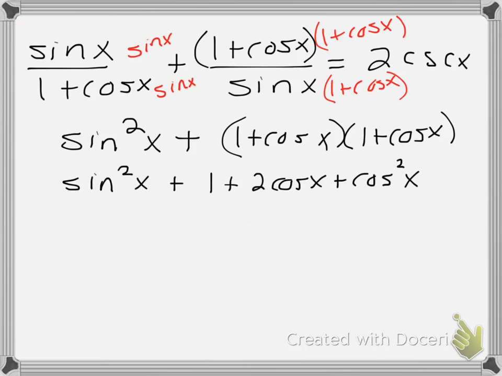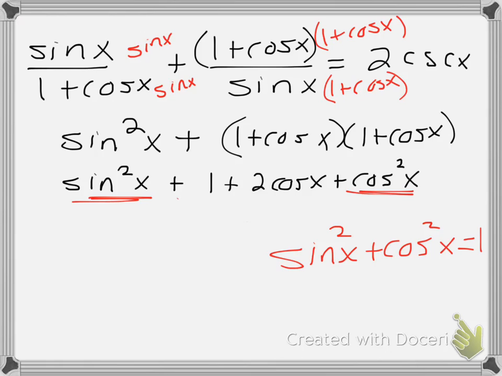So let me see what I can modify up here. I can say that my sine squared of x and cosine squared of x, since it's all addition, one of my properties is sine squared of x plus cosine squared of x equals 1. So since I have both parts, these will both add up to 1.